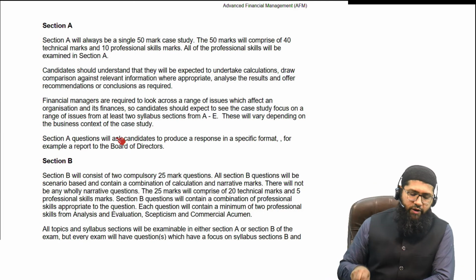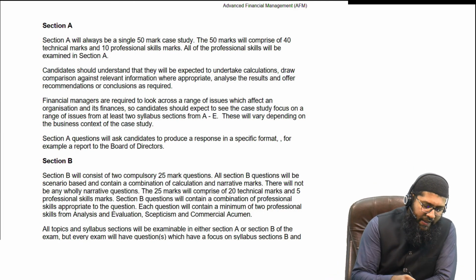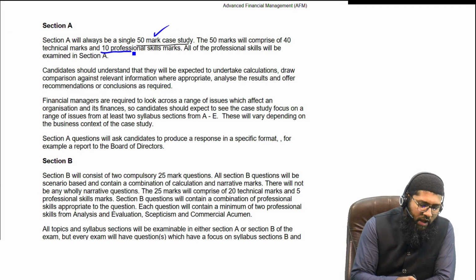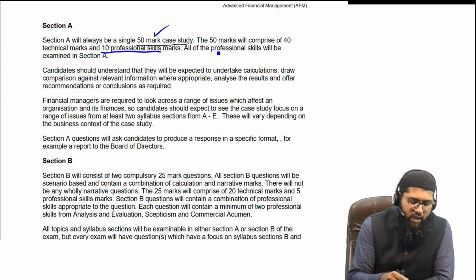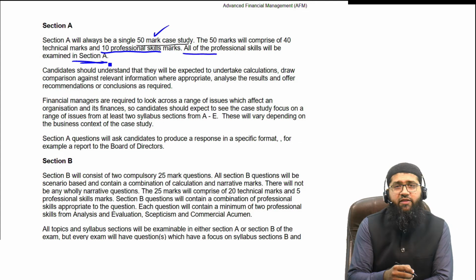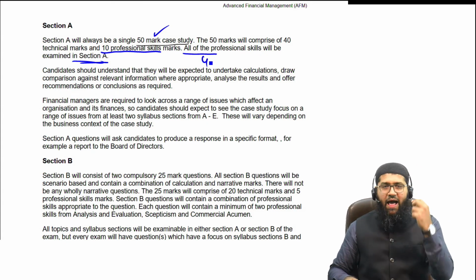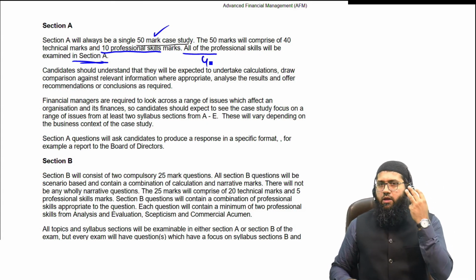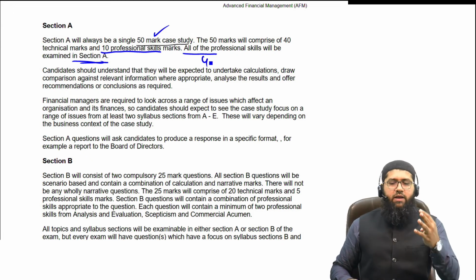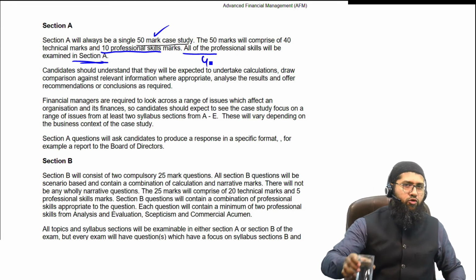Just have a look at it. For section A, there's going to be a single 50-mark question. In that question, 10 marks would be professional skills. And all of the professional skills will be examined in section A. That means all four: communication, analysis and evaluation, the skepticism, and the commercial acumen.